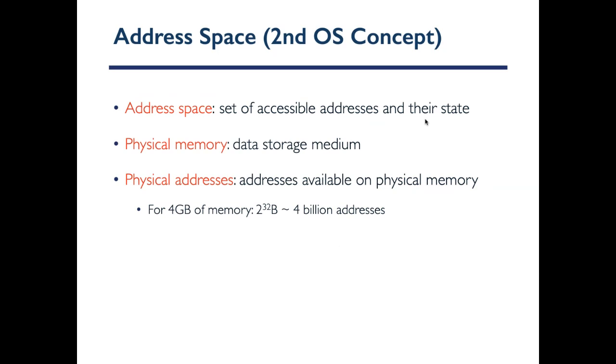That's why you have a physical address space. That would be the set of addresses that are available on your physical memory. Let's say you have a system that has 4 GB of memory, that translates to 2 to the 32 bytes. Hopefully everybody knows that.